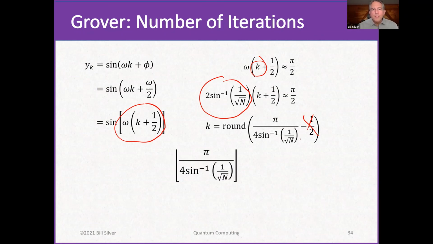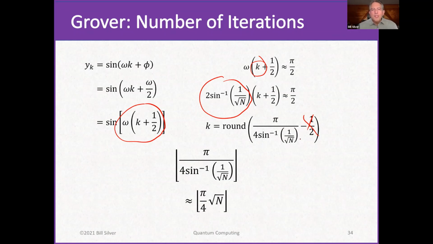It's a pretty hairy formula, but if you know how sine behaves for small angles, the small angle approximation is sine x equals x, or arcsine x equals x for small angles. So for any reasonable size of n, this approximates to pi over 4 times the square root of n.